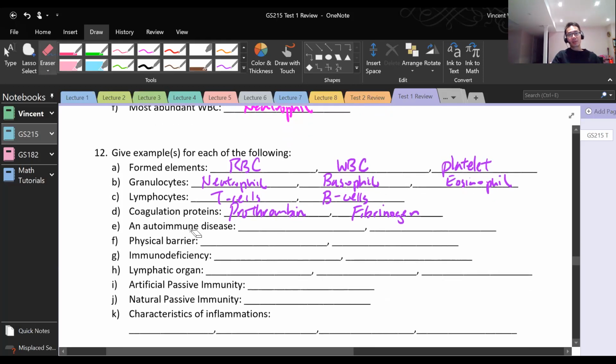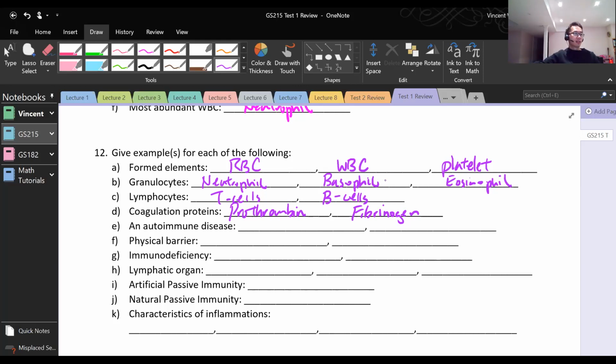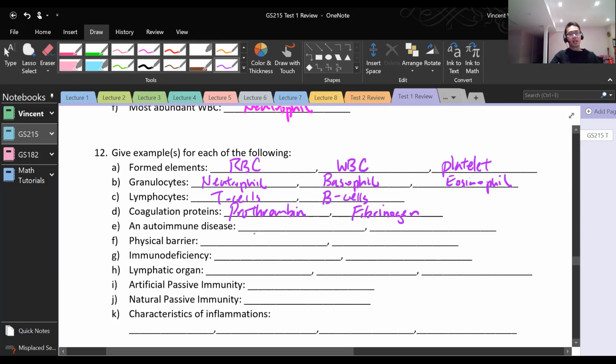Autoimmune diseases, that's when your immune system attacks yourself, right? What are some examples that we talked about in class? Or any examples that you know? It's fine. Give me some examples, please. Yeah, sure. Type 1 diabetes. Okay, not type 2 though. Type 1 diabetes is when you attack the insulin producing cells.